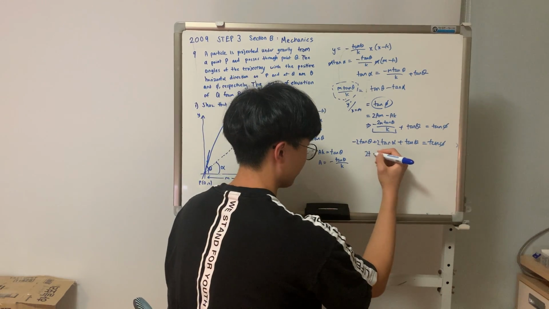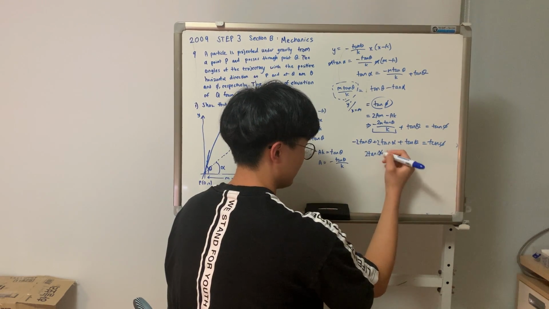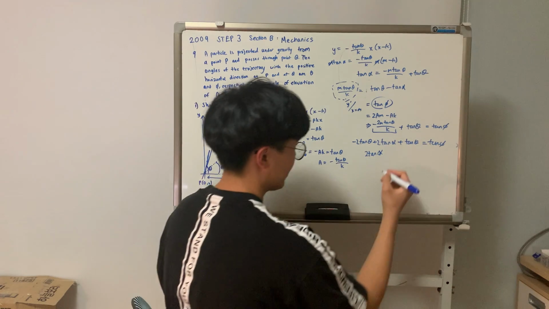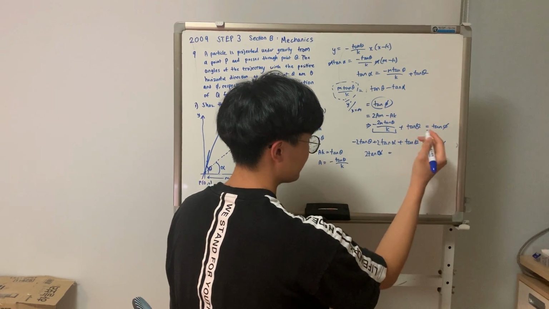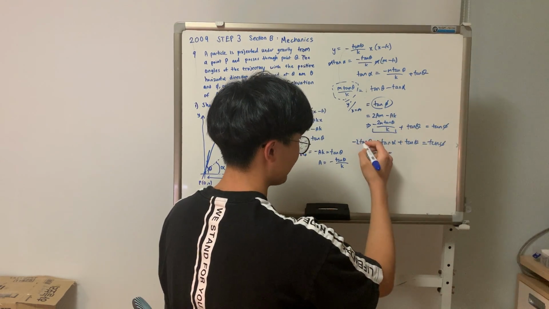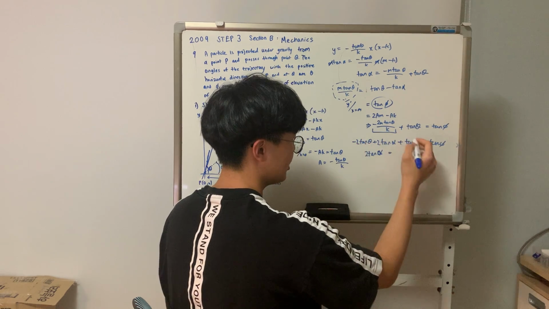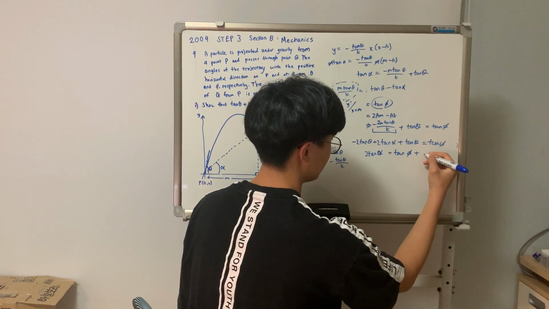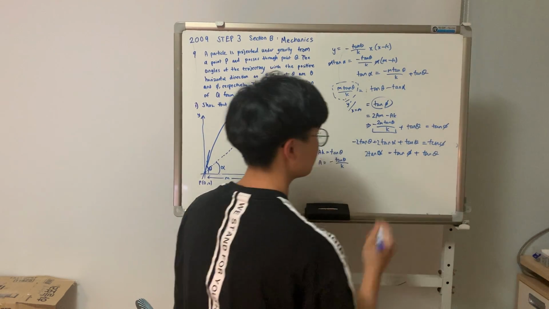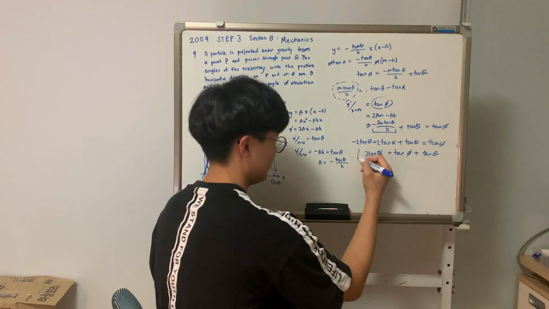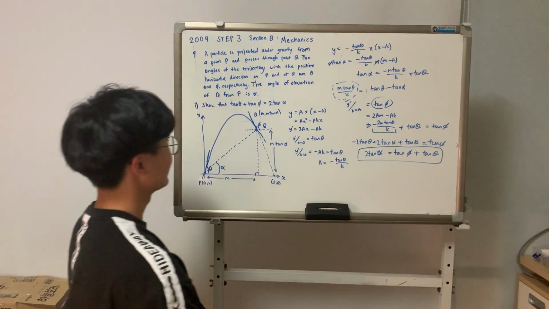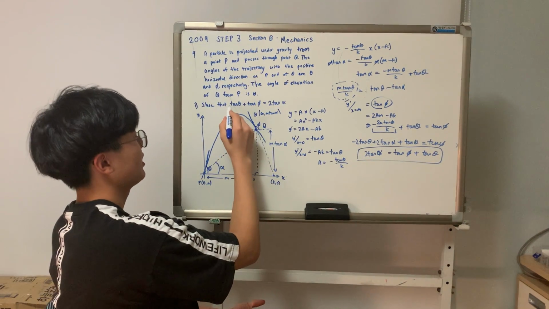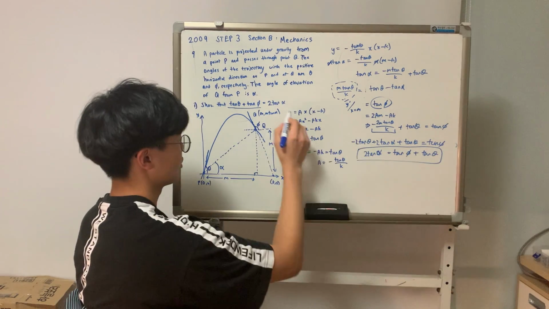And so when we arrange all of them in terms of 2 tangent alpha, we get 2 tangent alpha is going to be equal to tangent phi plus 2 tangent theta minus tangent theta. And so we get tangent phi plus tangent theta. And here, this is basically the answer to showing why tangent theta plus tangent phi is equal to 2 tangent alpha.